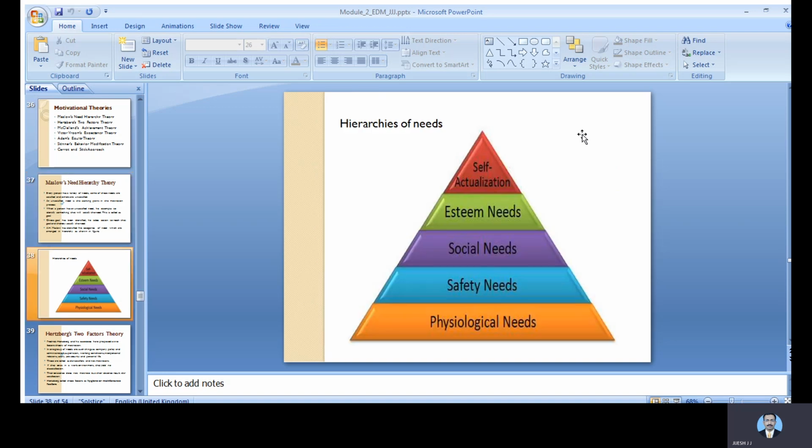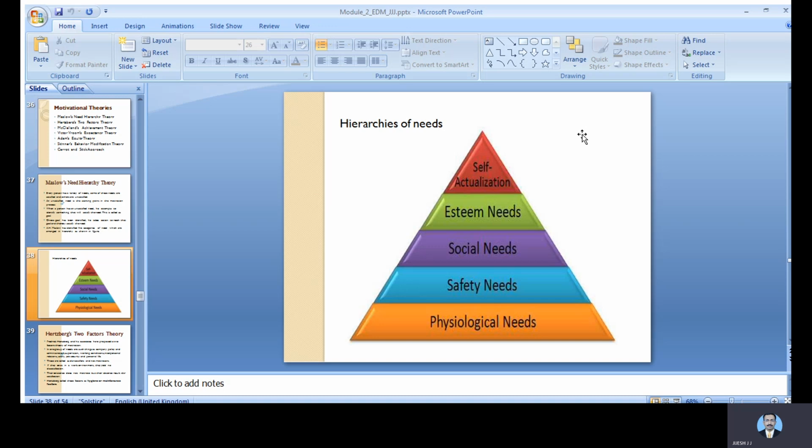The hierarchy of needs starts with physiological needs. Every individual will have certain physiological needs to be fulfilled. Then safety needs: the first priority is whether the job you are working in is safe enough for you, or whether you are being paid sufficiently. Then social needs: every individual will dedicate a certain portion of time to social needs.